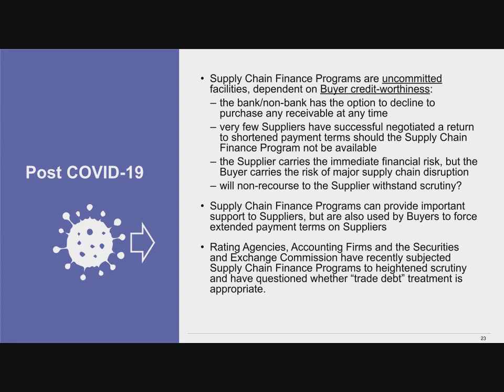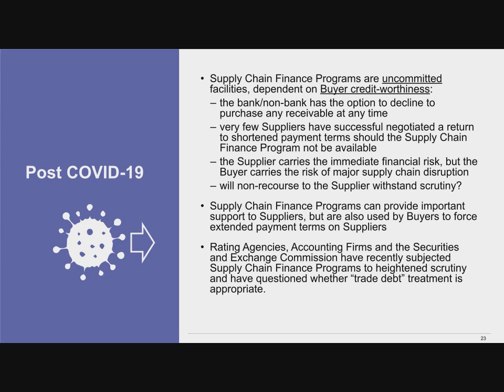Now, in my experience, suppliers have not been particularly successful in negotiating a return to shortened payment terms should the supply chain finance program not be available. In other words, if a supplier has agreed to a 180-day payment term against the ability to sell receivables to a program, and that program no longer wants to buy them, then they are stuck with those 180-day terms, and they will have to renegotiate payment terms with the buyer.